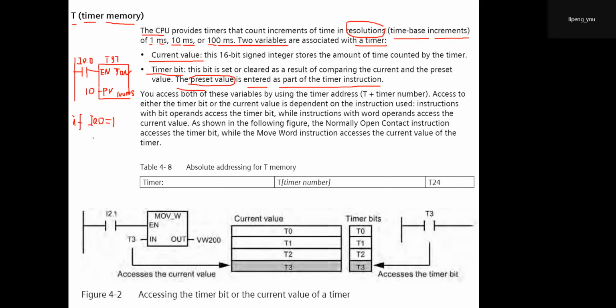It means what? If the time is more or equal 1 second, because 10 multiply 100 ms equal what?